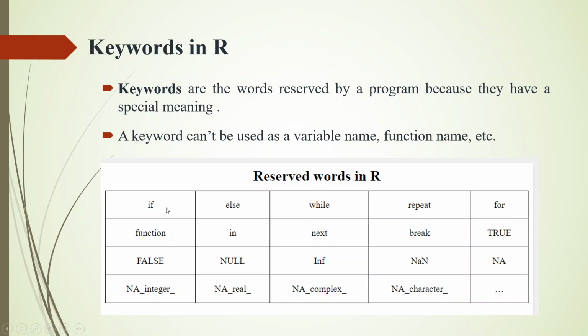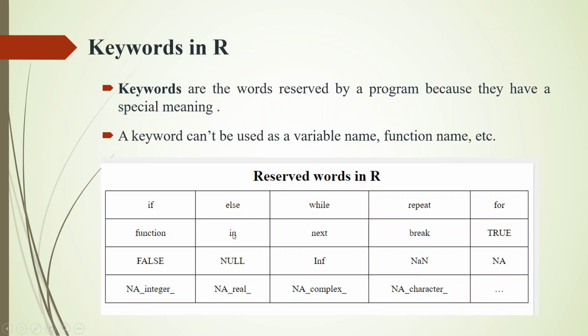If, else, as we have seen in different programming languages, are used to check conditions. Also we have while loop and for loop, and also repeat, one more new keyword, and we know break from other programming languages. As you know, true and false are the boolean values, and we have a new keyword, function, in R programming.